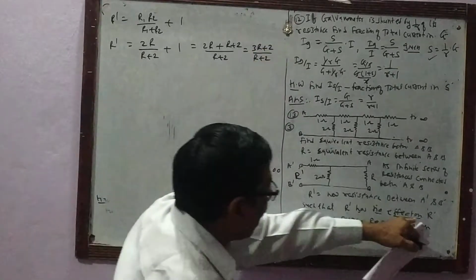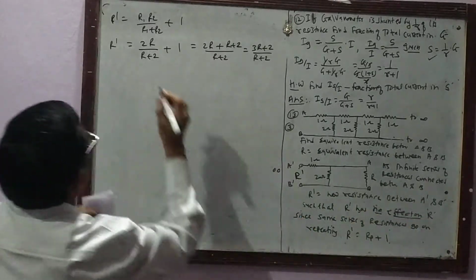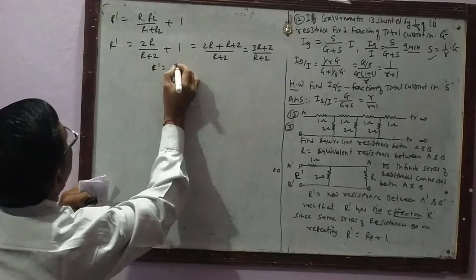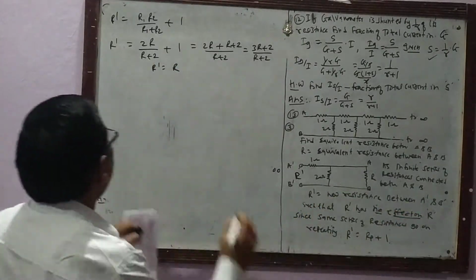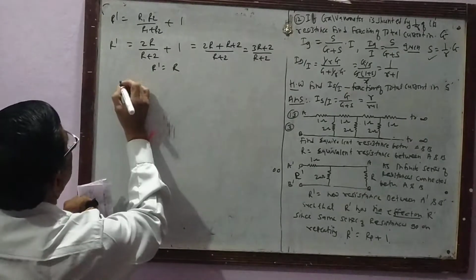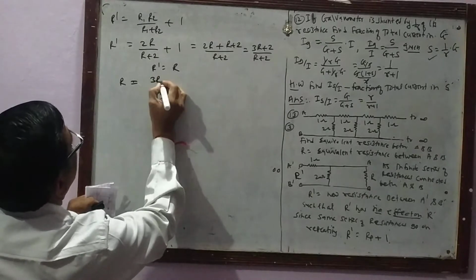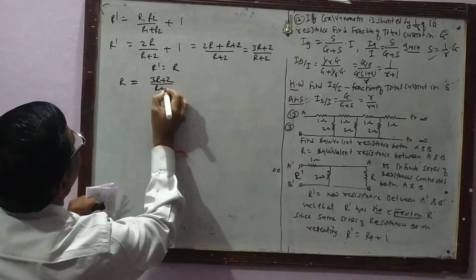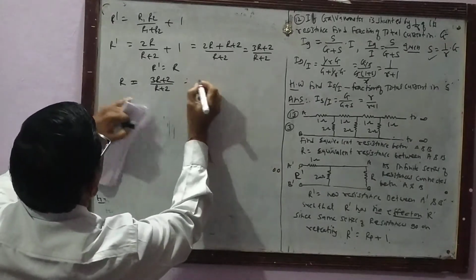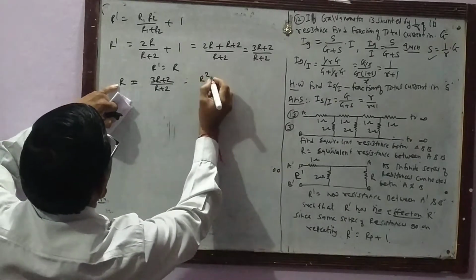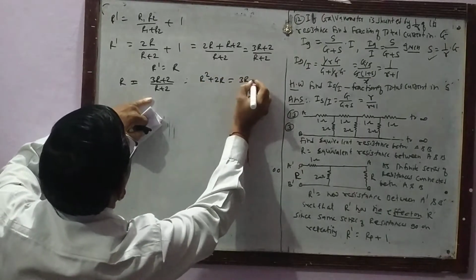Now since R dash has no effect on R, we can write R dash is equal to R, because no effect means both values are the same. Hence R is equal to 3R plus 2 upon R plus 2, and on cross multiplication, R square plus 2R is equal to 3R plus 2.